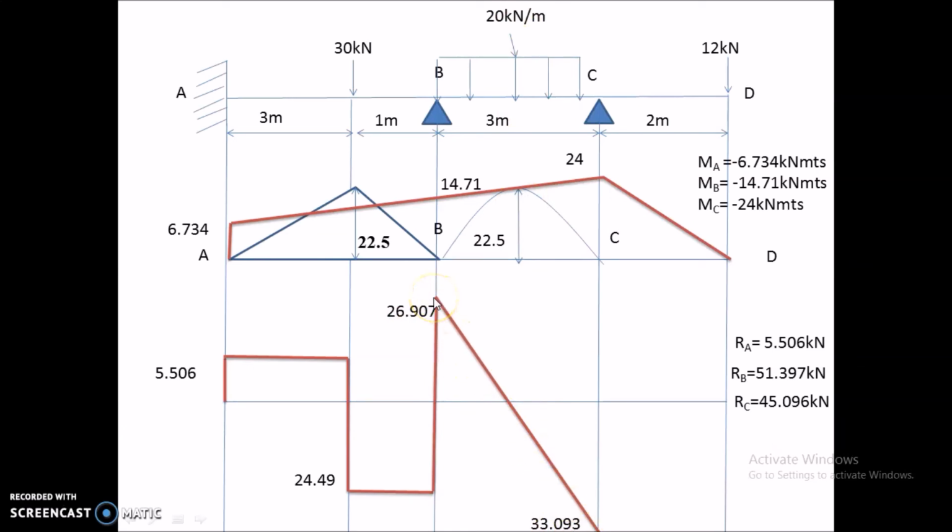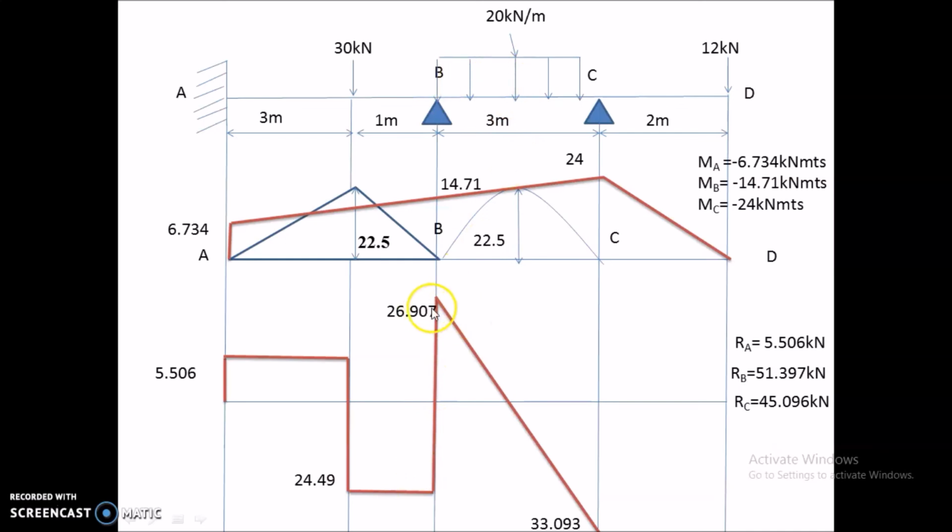So here shear force is 26.907 and here it is minus 33.093. In between points the shear force is varying. See, here there is no variation since there is no load. Here there is a UDL, so it will vary at every point. At a point load it will vary at that particular point only, and after that point load it will again be the same.